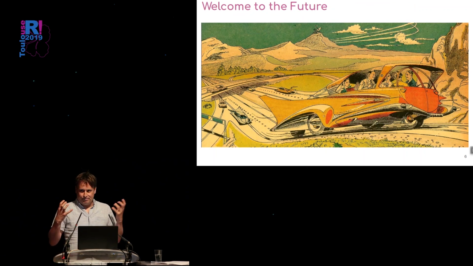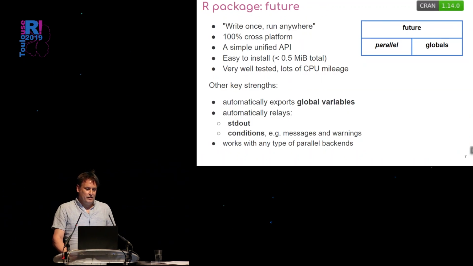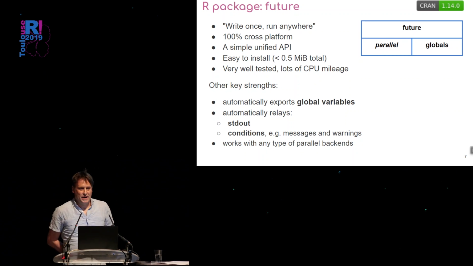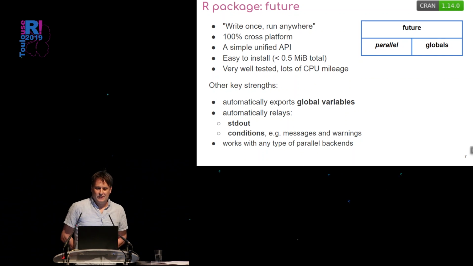All these parallelization mechanisms we have available have something in common, and the future framework tries to encapsulate that, so you don't have to worry about it as a developer or a user. To be clear, I implemented this in a package. The motto is: write once and run anywhere. 100% cross-platform.